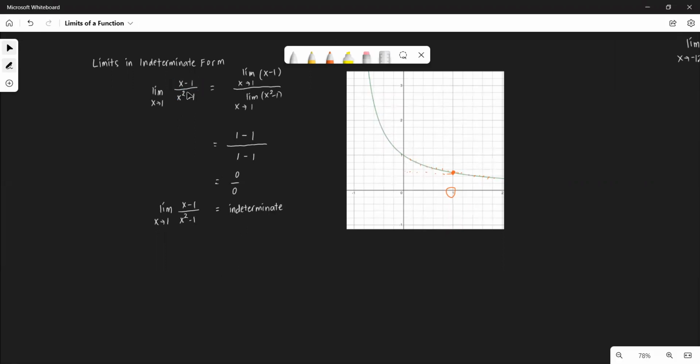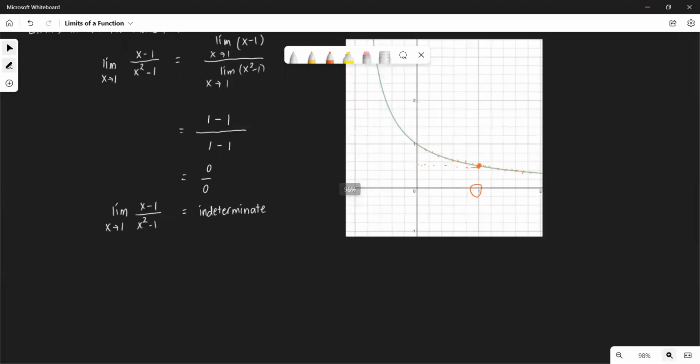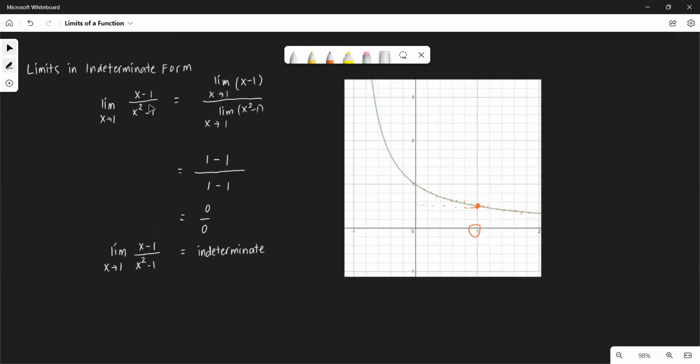If we look at the function, let me zoom that in. We can see some common factors. There is a relationship between x minus 1 and x squared minus 1.